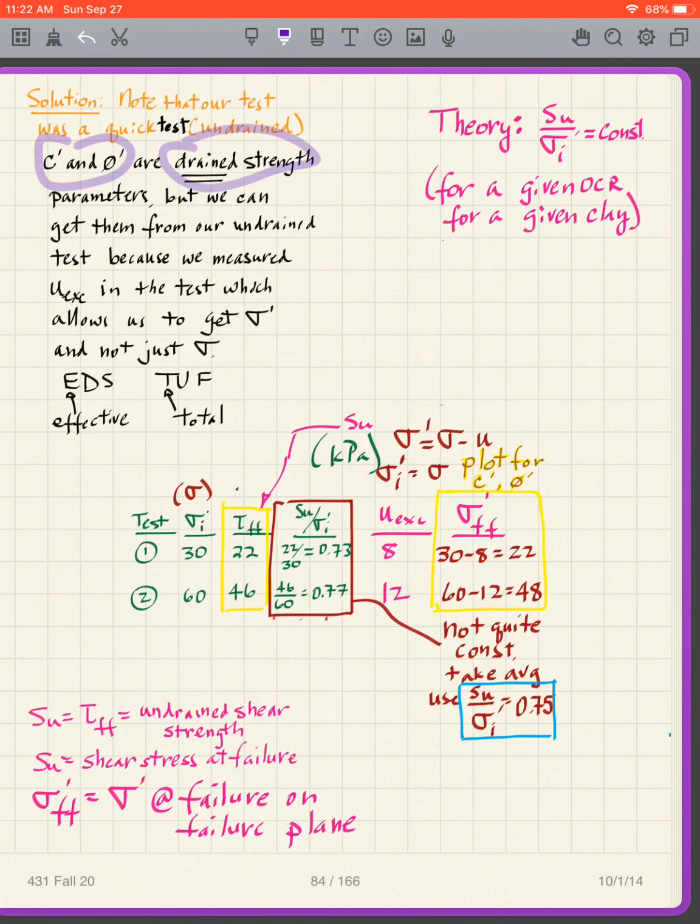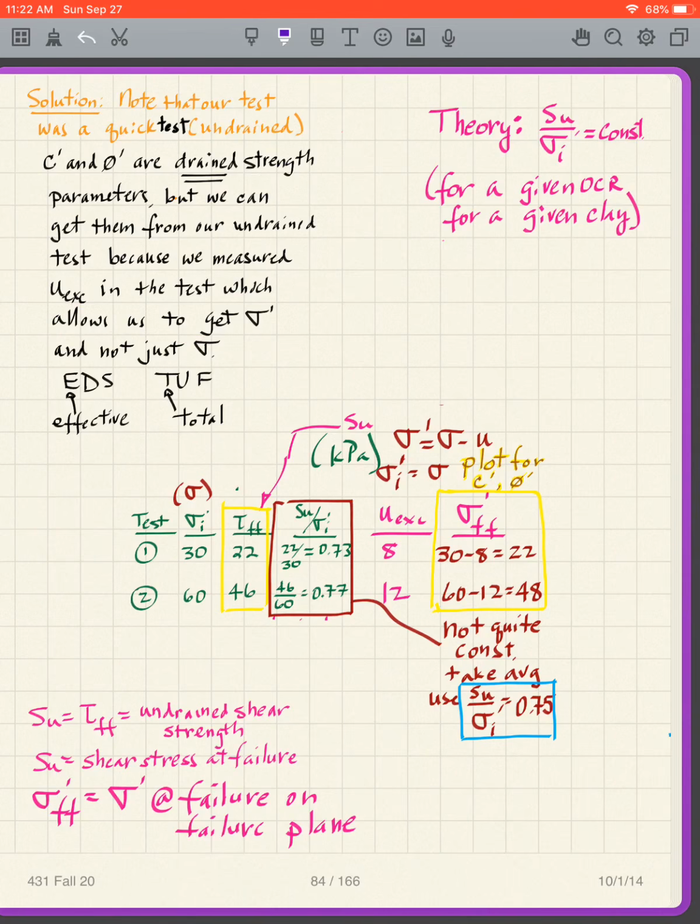They're drained strength parameters, but we can get them from our undrained test because we measured u excess in the test. So that allows us to get sigma prime. Luckily we measured it, so we can get sigma prime, which means we can plot it on our sigma prime plot.